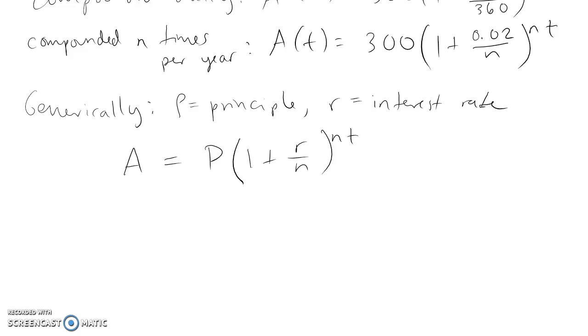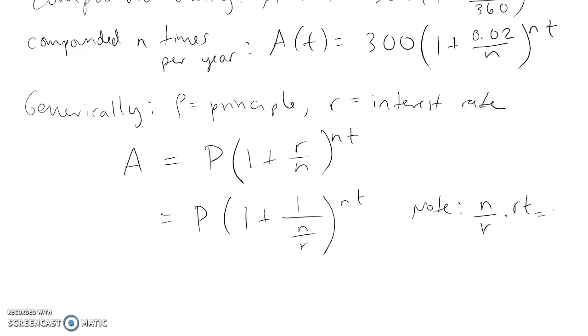We're going to rewrite this. We can say 1 plus R over N is the same thing as 1 over N over R to the NT. Okay. And then we're going to make a note here, right, that if I take N over R and multiply it by RT, that's the same thing as NT.